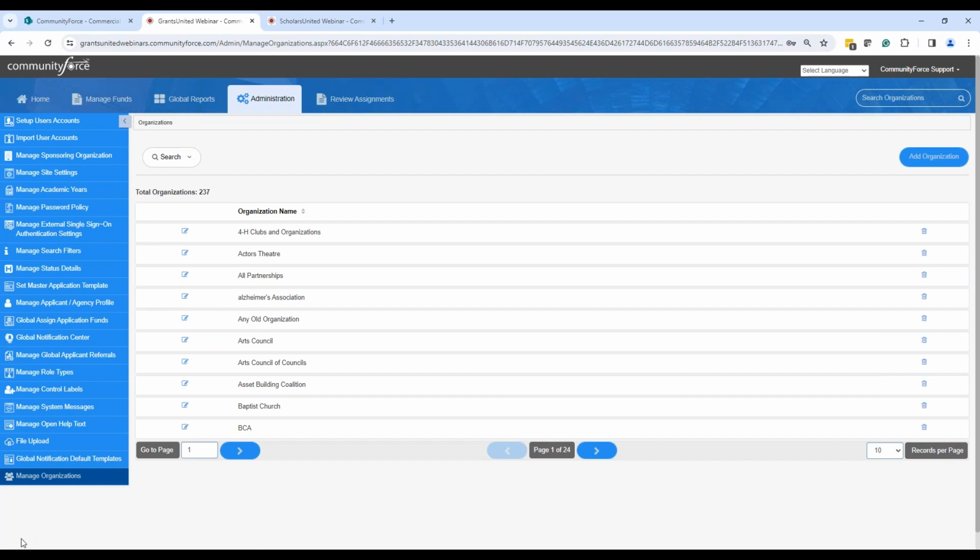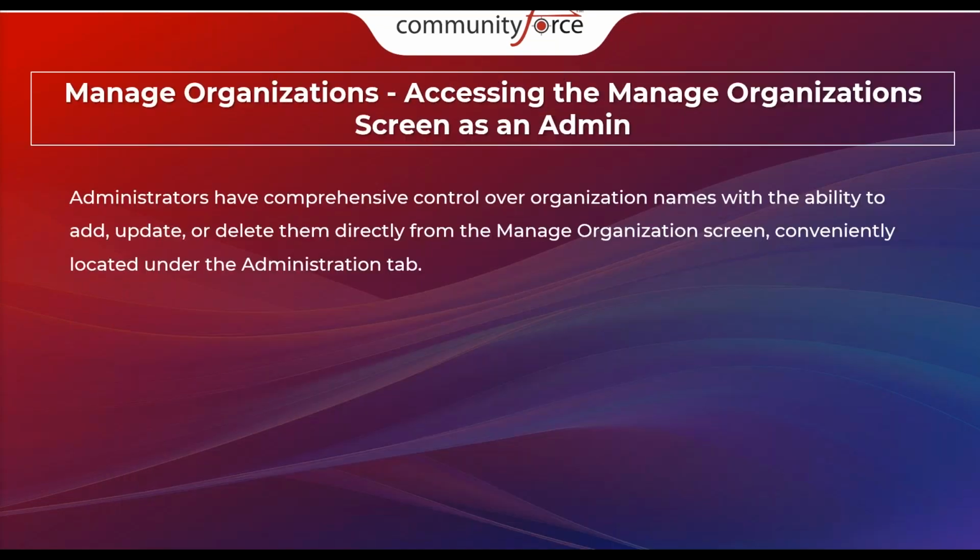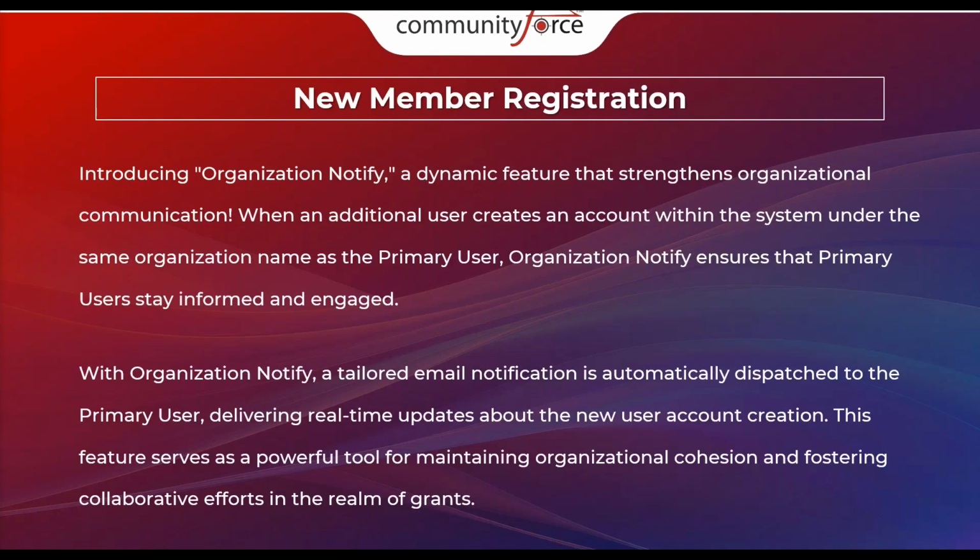Now, another added functionality we added to the site here, so I'm going to click through these screenshots, is the new member registration. Every time a new member registers with an organization, they create a user account and select that organization.